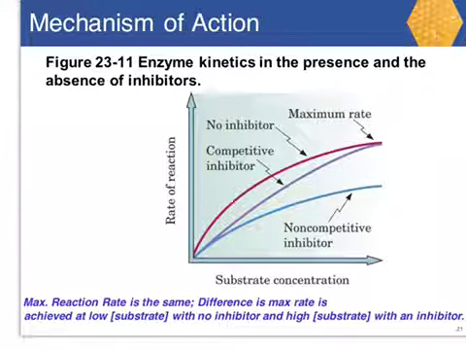However, the competitive inhibitor does so at a low concentration of substrate as versus no inhibitor, where that rate is achieved at a high concentration of substrate. Non-competitive inhibition does not achieve the same rate of reaction. Again, this is just showing you the difference in rate. I don't think it's anything that you need to worry about.